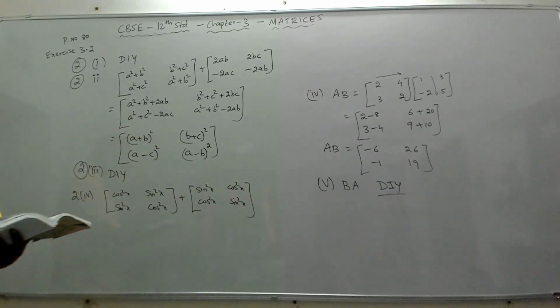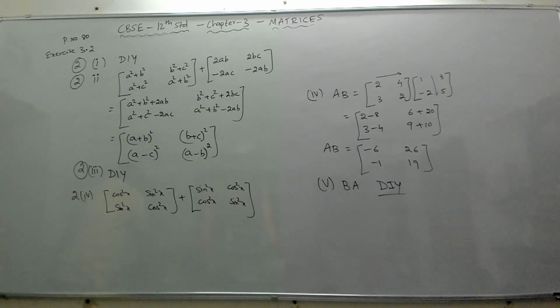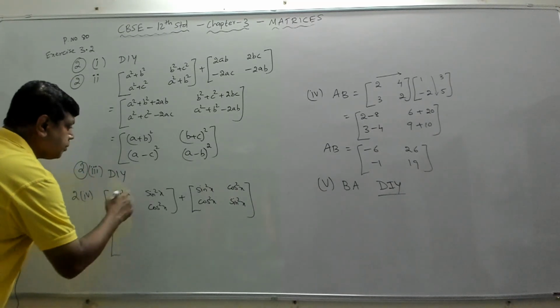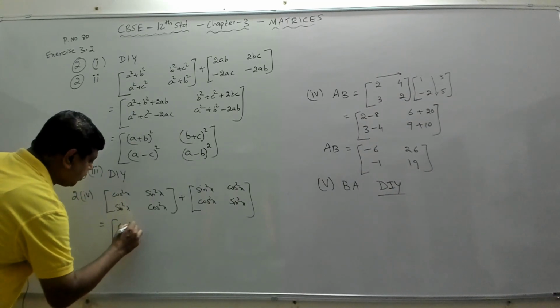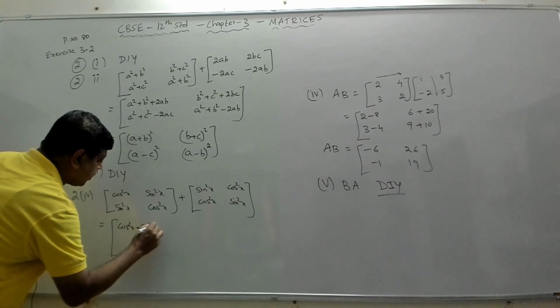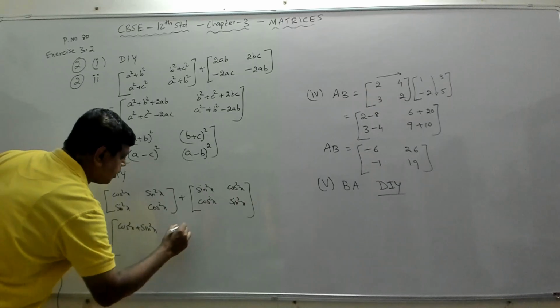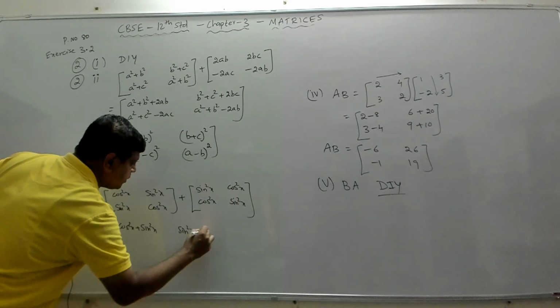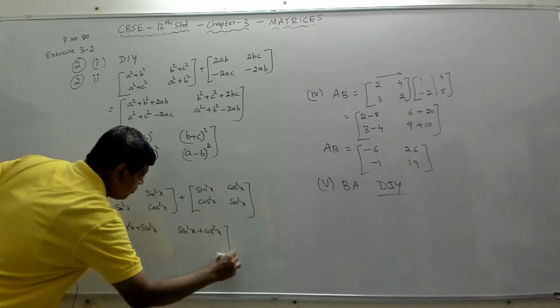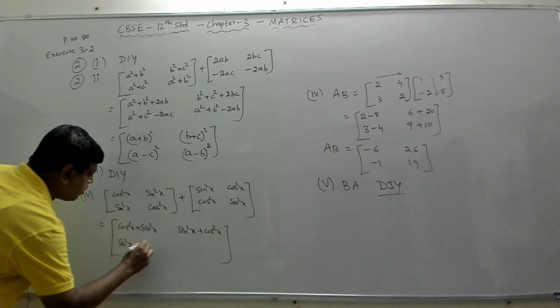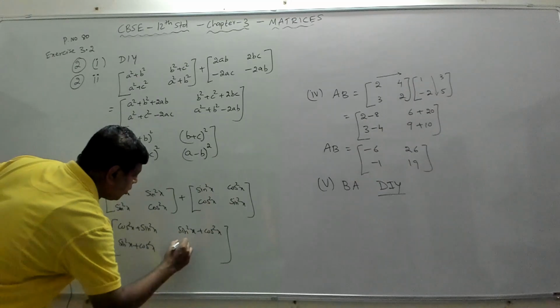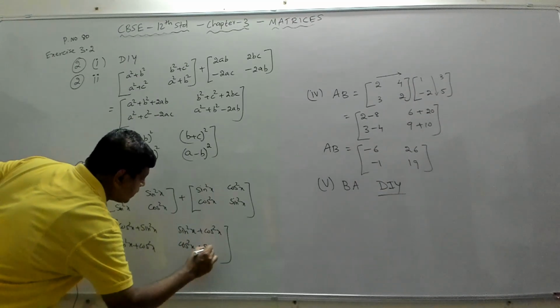Now we have to add these two matrices. So if you add these two matrices, what do we get? The corresponding elements have to be added. So cos square x plus sin square x, again this is sin square x plus cos square x, then sin square x plus cos square x, and cos square x plus sin square x.